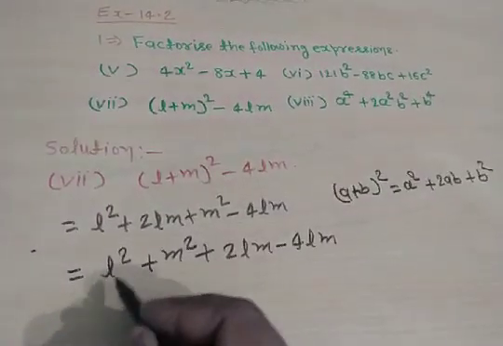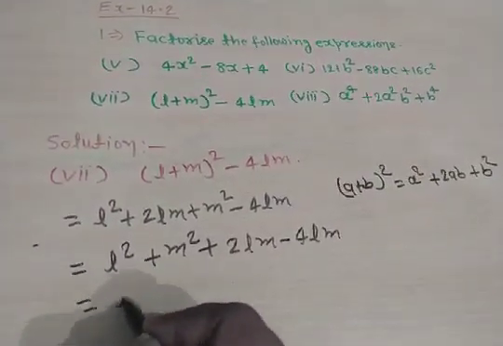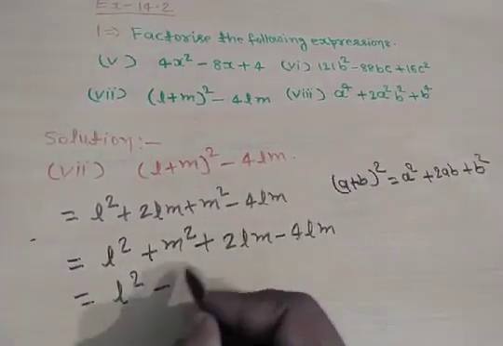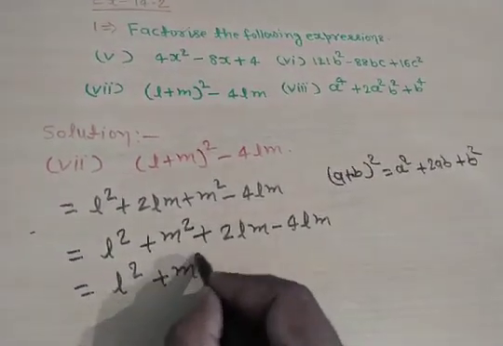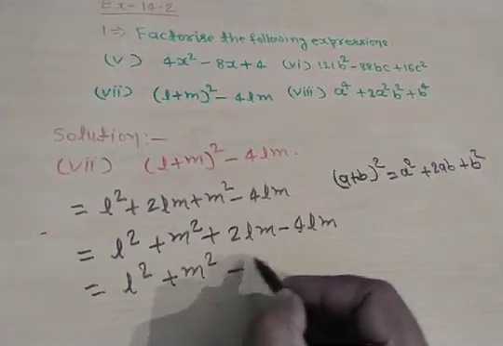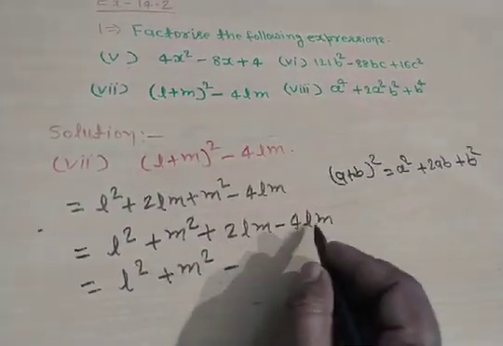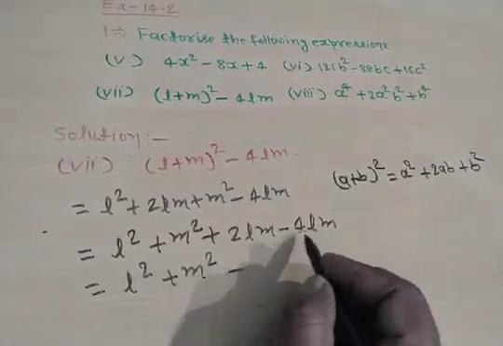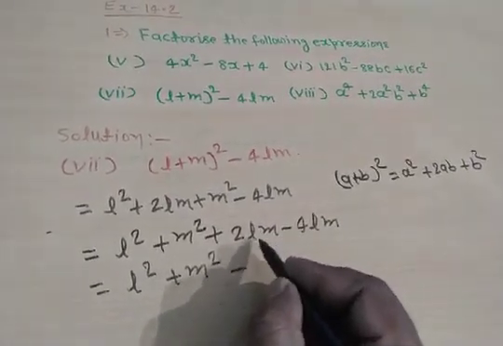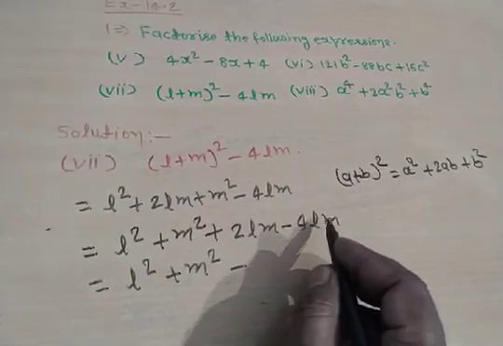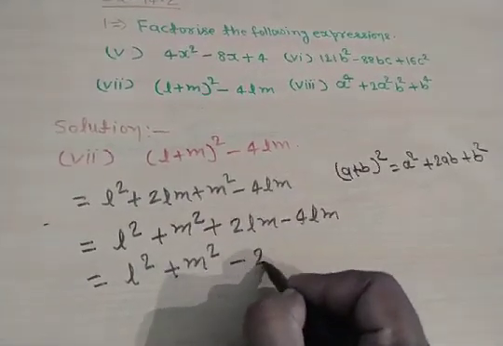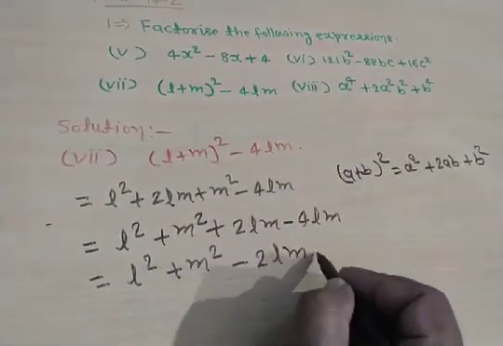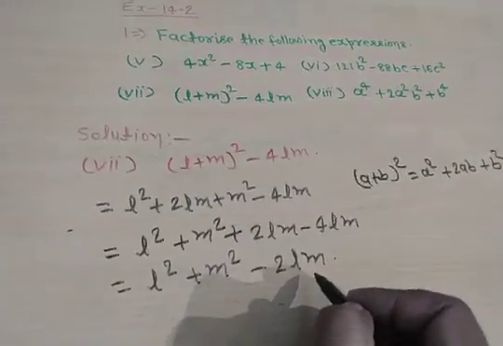So this becomes L square plus M square, and here 2LM minus 4LM. They are like terms, so subtraction is possible. So we obtain minus 2LM. Okay.